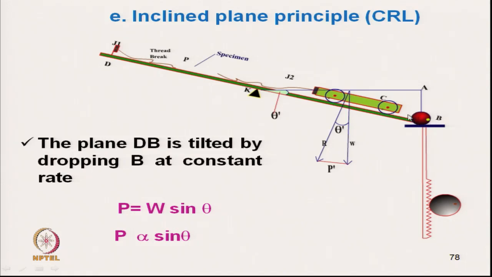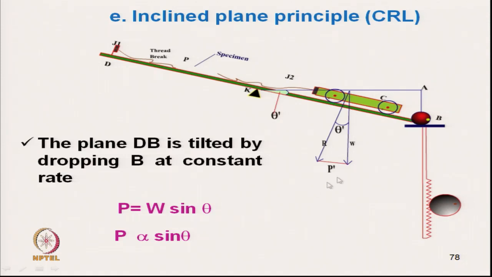There is a carriage here, which is responsible for loading. It is a weighted carriage of mass W. The B side is dropped at a constant rate, which we can control by a rack and pinion arrangement or by a screw arrangement.